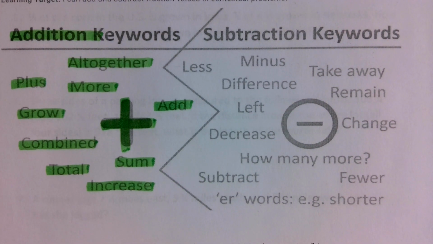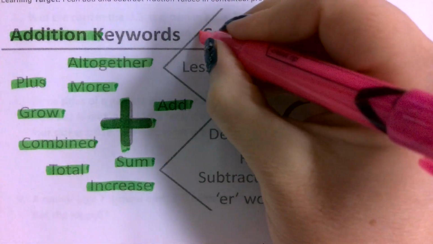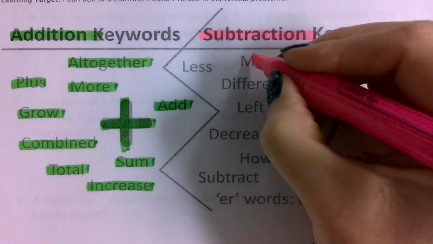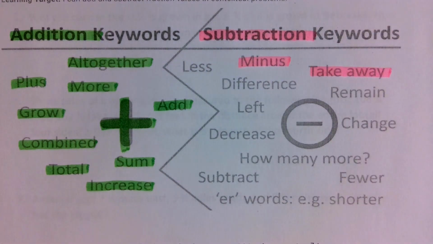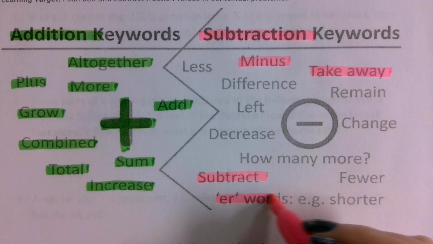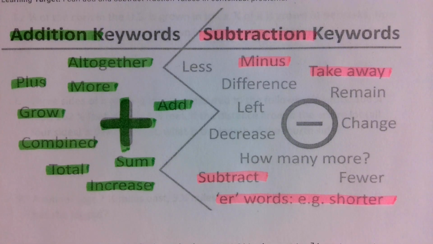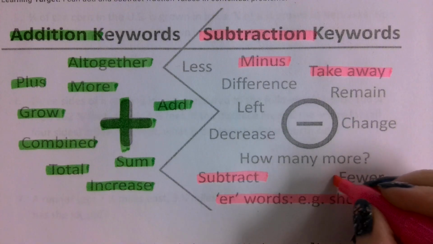Then we've got our subtraction. So for subtraction keywords, you have, again, the terms like minus and take away. Okay, subtract. Okay, anytime you see words like shorter, how much greater, how much shorter, how much fewer, those tend to be the subtraction words, so like fewer.